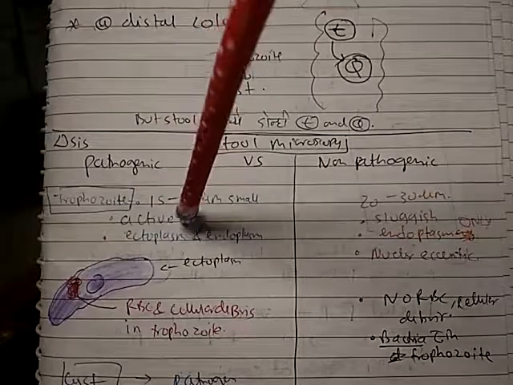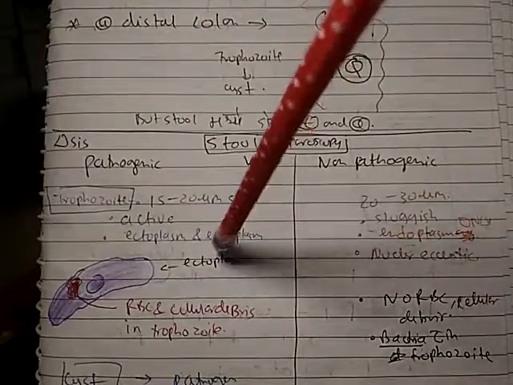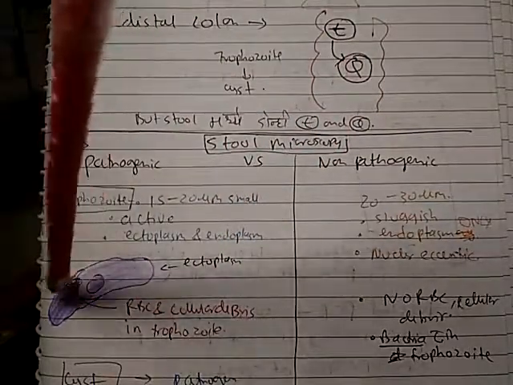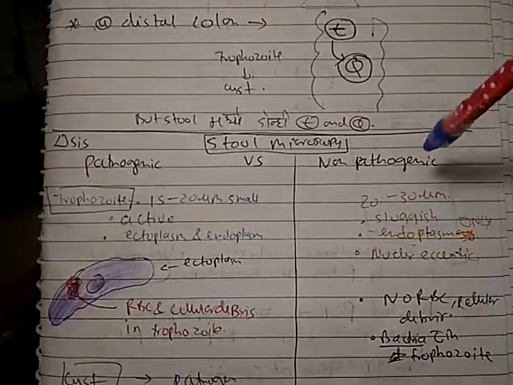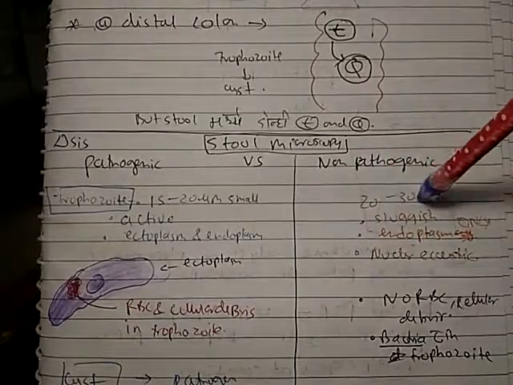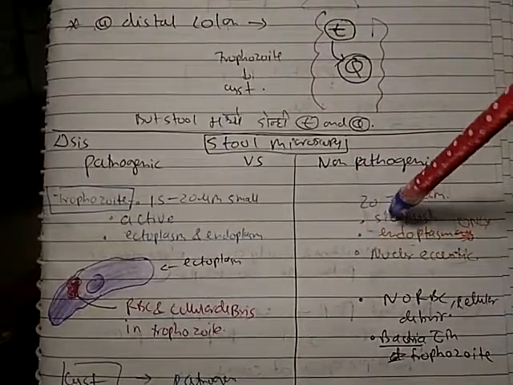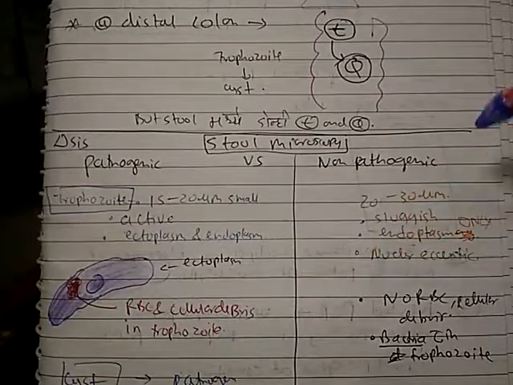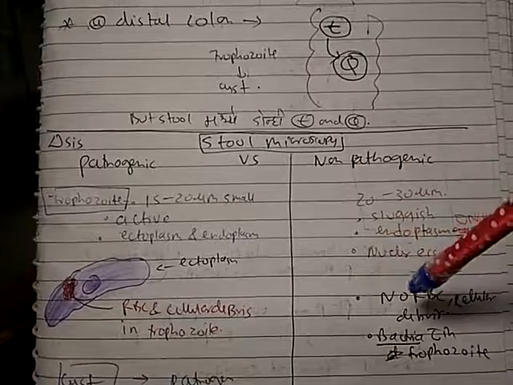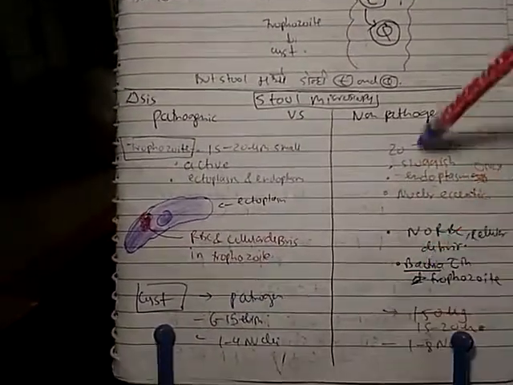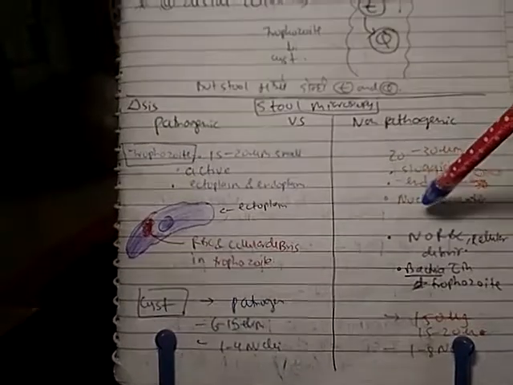They have ectoplasm as well as endoplasm, and there are RBC and cellular debris in that trophozoite. In non-pathogenic, these are larger in size, 20 to 30 micrometer. They are not active, they are sluggish, and only endoplasm is present, no ectoplasm. And no RBC cellular debris is present. And bacteria may be present in these non-pathogenic trophozoites.